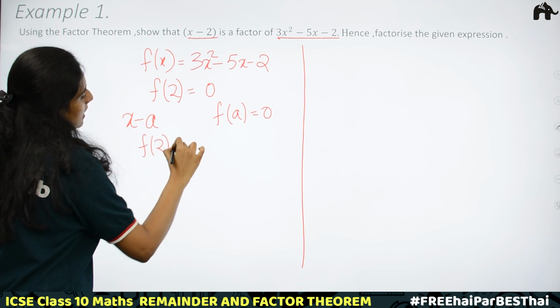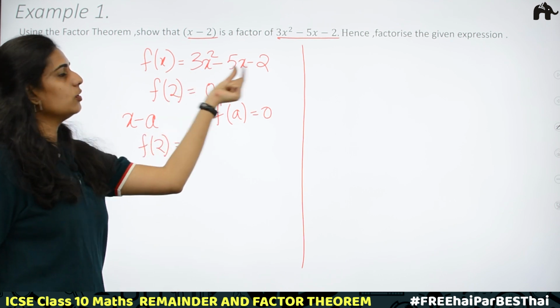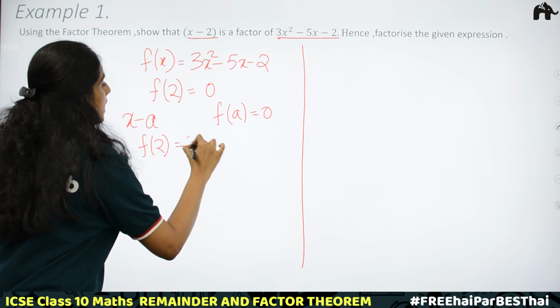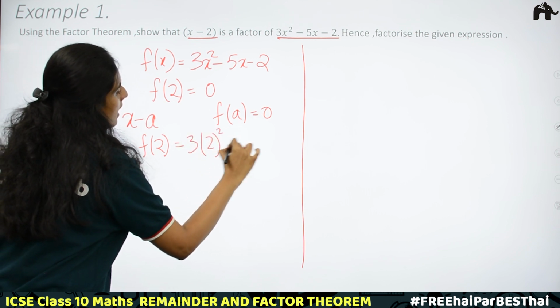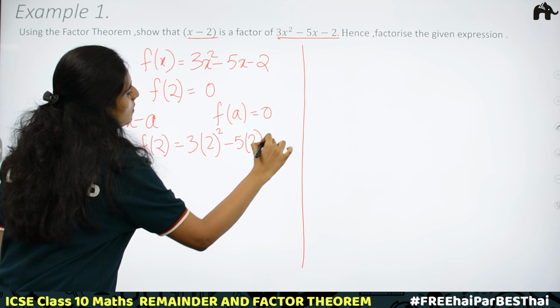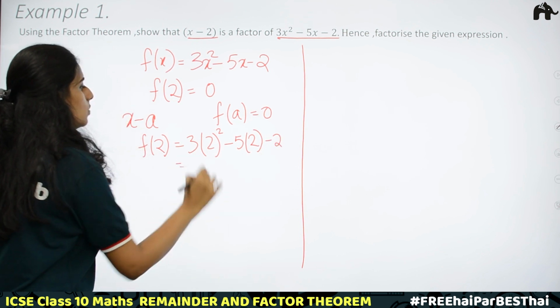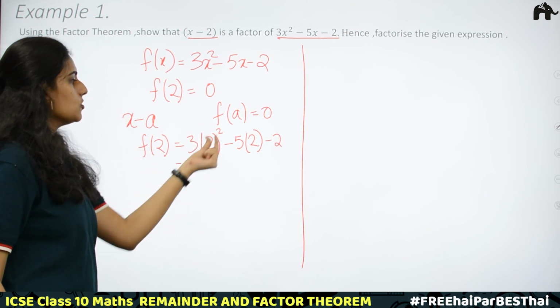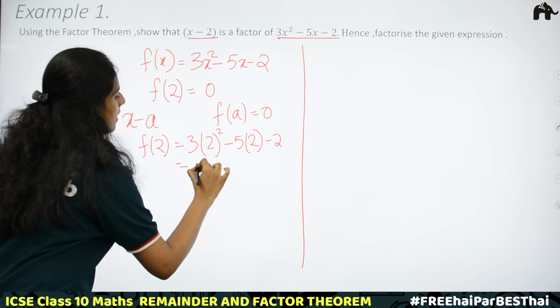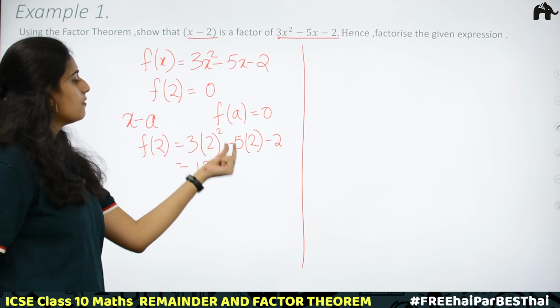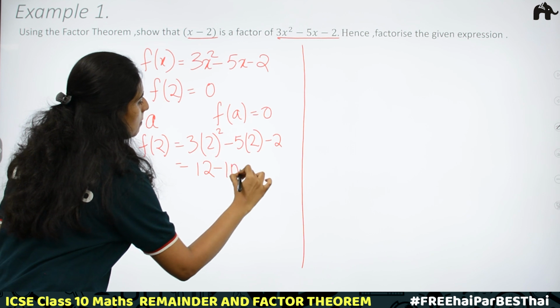f of 2 is equal to, in place of x, we are going to substitute 2. 3 into 2 square minus 5 into 2 minus 2. That is equal to 3 into 2 square. 2 square is 4. 4 into 3, 12. Minus 5 into 2, 10, minus 2.